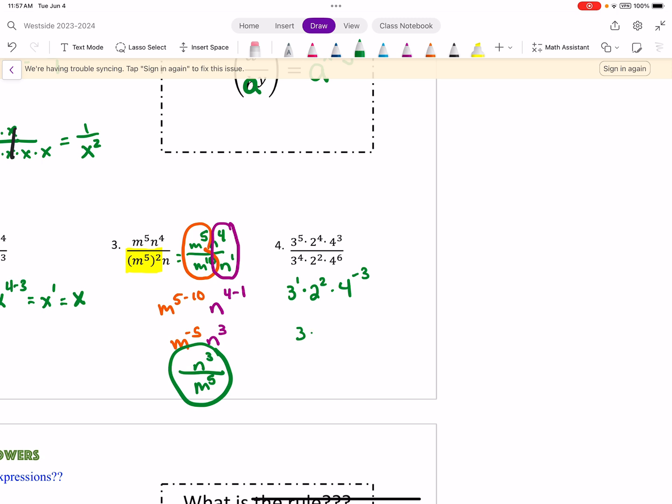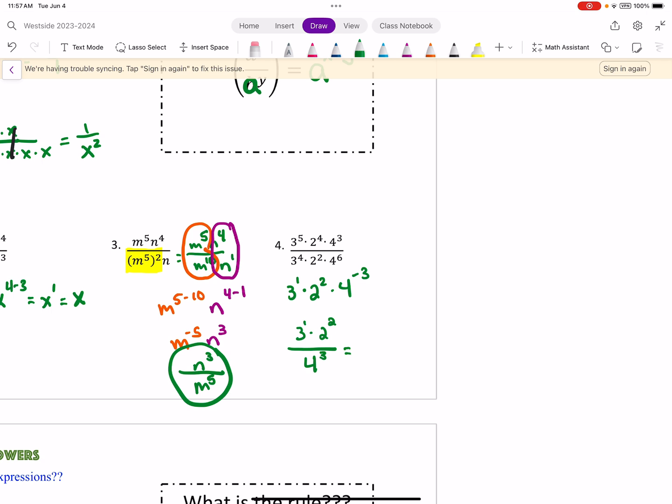So the 3 to the 1st, the 2 squared are going to stay because those have positive exponents. And then we're going to move that 4 to the negative 3rd across the fraction bar and make it a positive. Since we have numbers as bases, we're going to go ahead and actually find these answers.